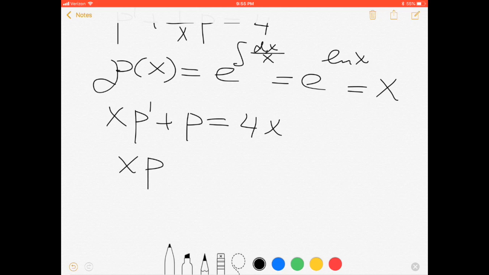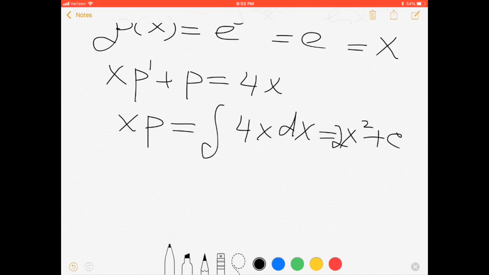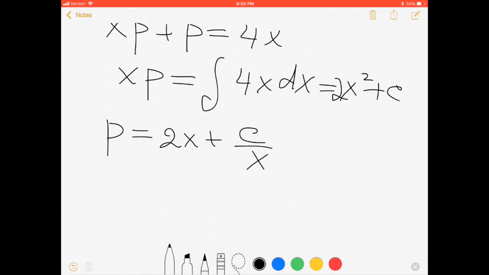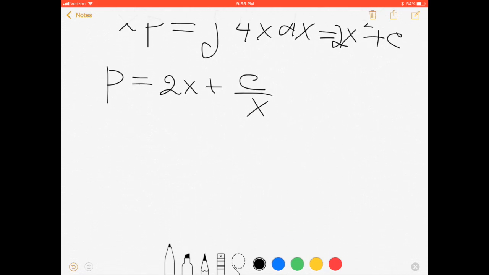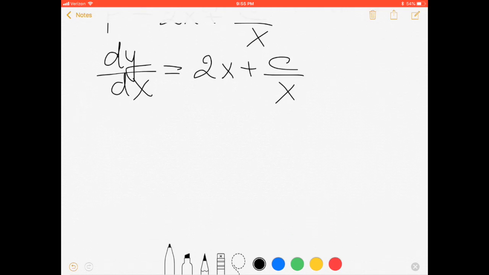This gives me x p equal the integral of 4x dx, which is 2x squared plus c. This means p equal 2x plus c over x. Oops. dy/dx will be 2x plus c over x.